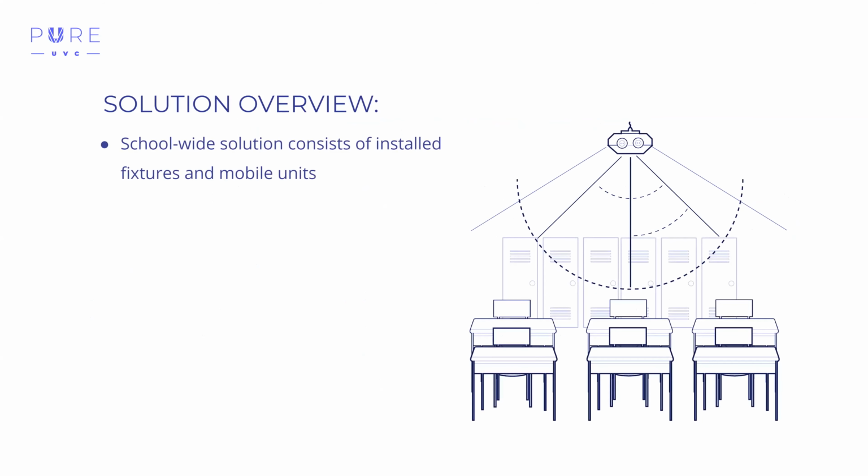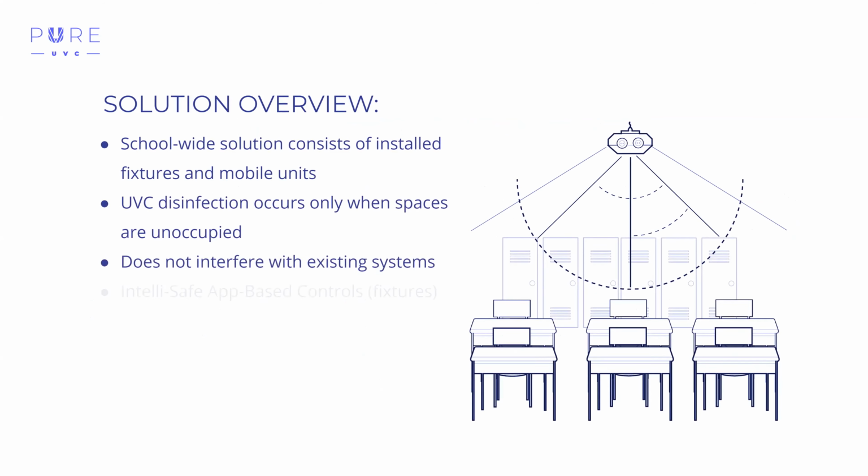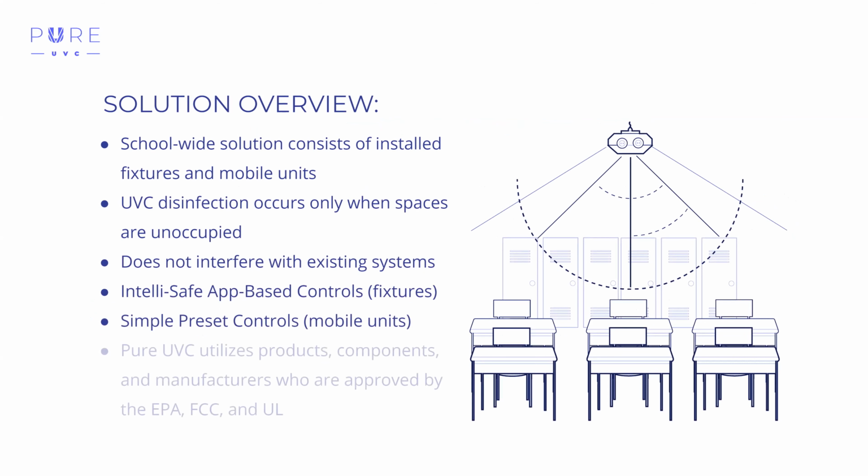So then we've been talking broadly about the solution, but what does the solution even look like in the first place? So it's going to be a facility-wide solution, which consists of installed fixtures and mobile units, mostly installed fixtures. UVC disinfection only occurs when spaces are unoccupied, incredibly important.